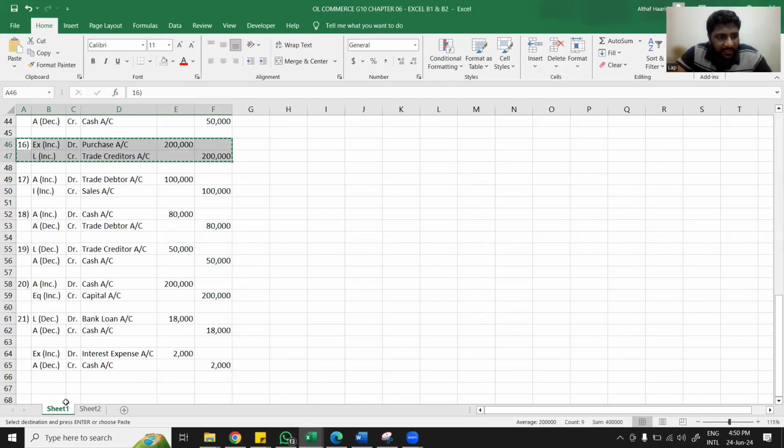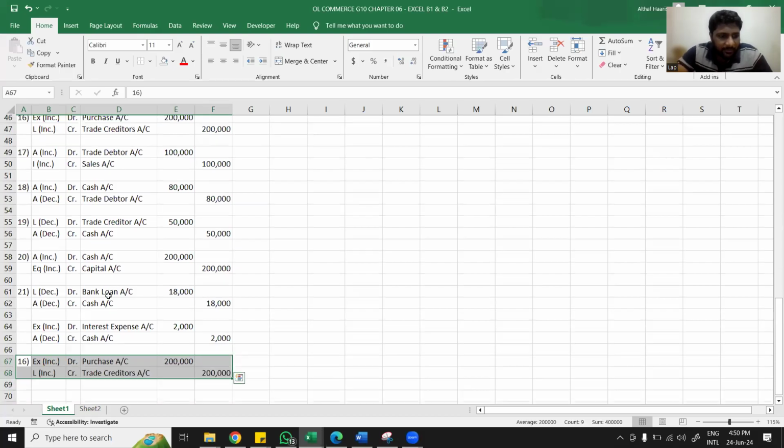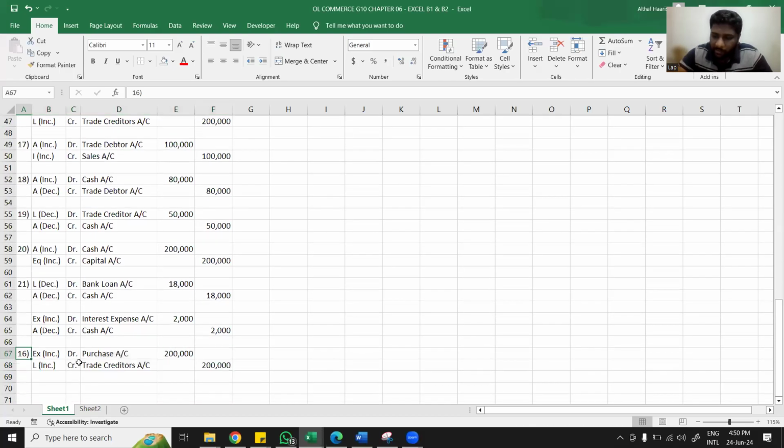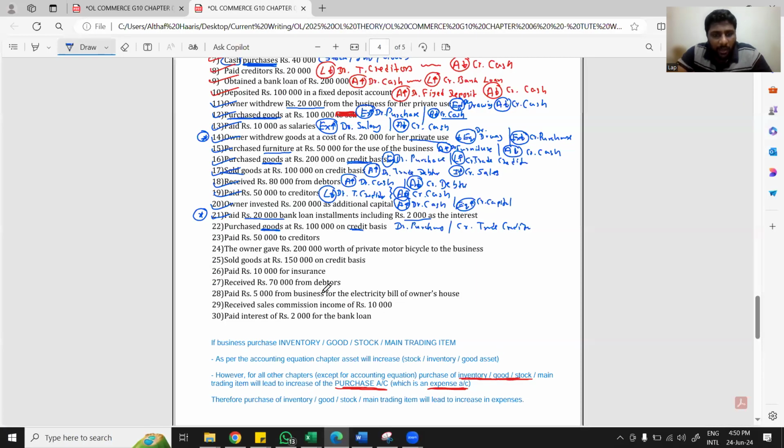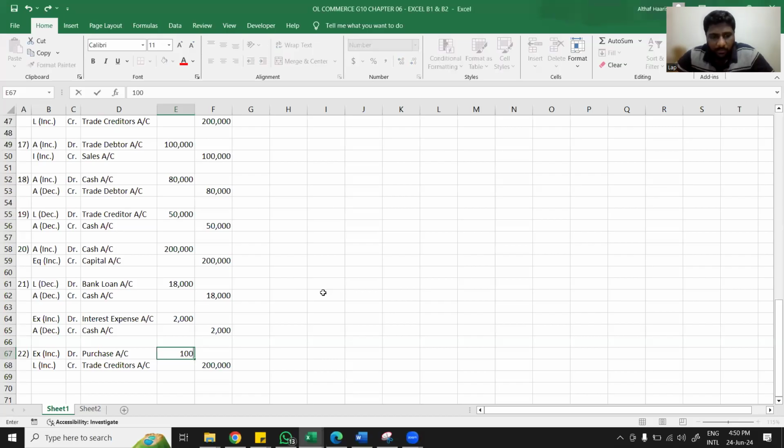Same as transaction 16. Transaction 22. What's the amount? 100,000. Debit purchase, credit trade creditors.